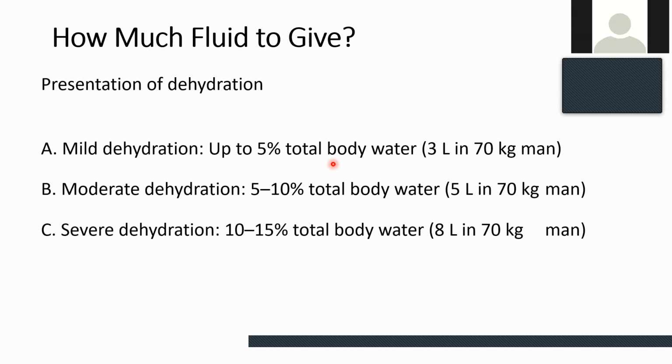How do you know which compartment is which? What is the measure to say this is the cellular compartment and this is the water compartment? Anybody? Hematocrit. Very good, excellent.